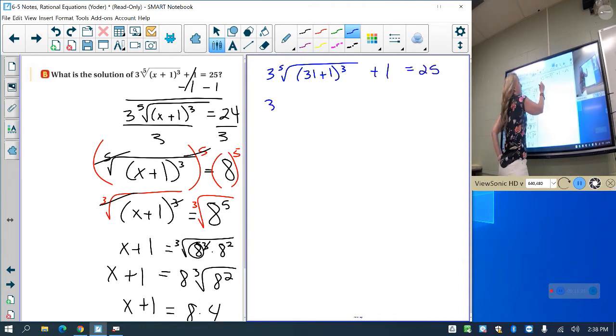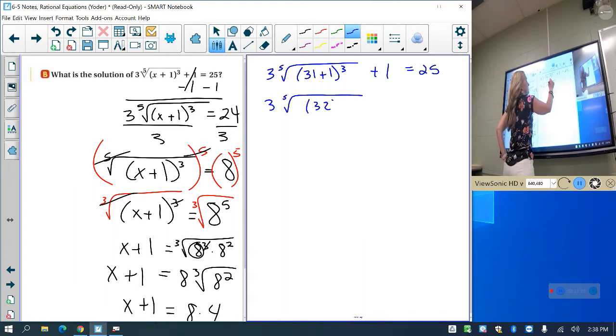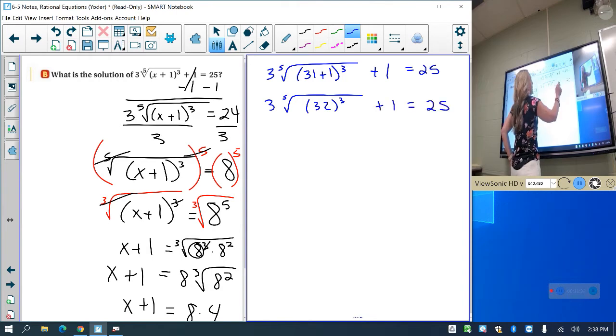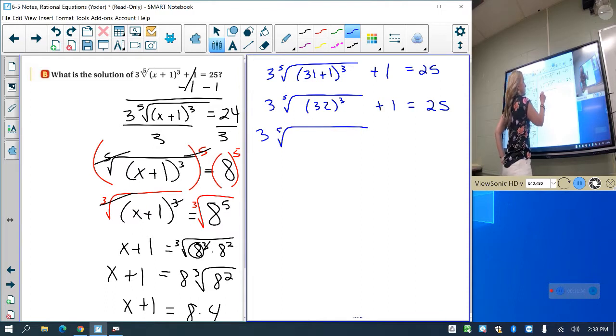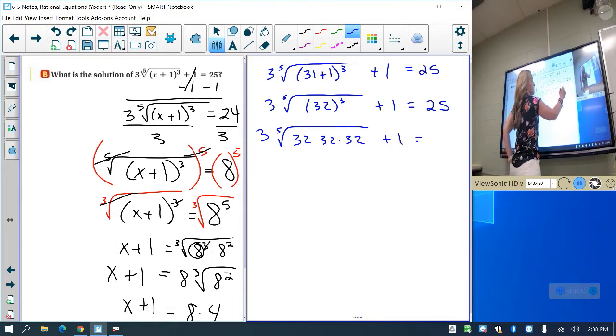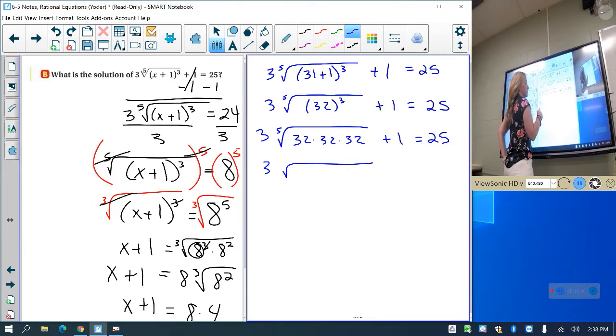So I have 3 times the 5th root of 32 cubed, plus 1 equals 25. Now, if you remember how to solve this, you can use Desmos, or you can just say, okay, this is 32 times 32 times 32, which is 8 times 4, or I'm sorry, 8 times 4, 8 times 4, 8 times 4. Yeah, that's right.